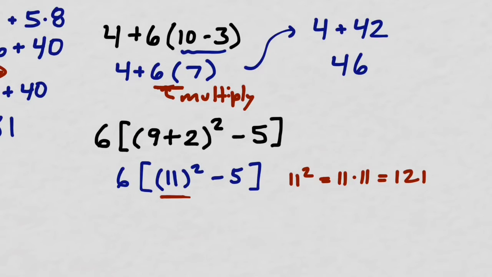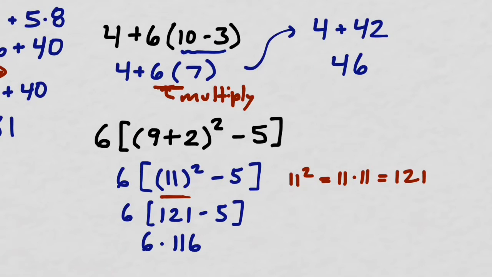So we have 121 minus 5, and then we still have those brackets, and then a 6. So 121 minus 5 is 116 times 6. And I worked this out ahead of time, but it turns out 6 times 116 is 696.